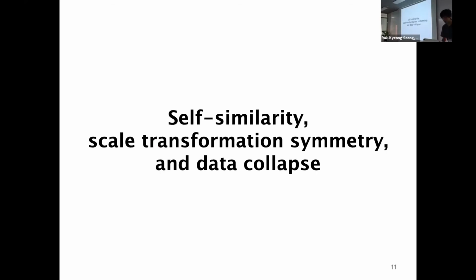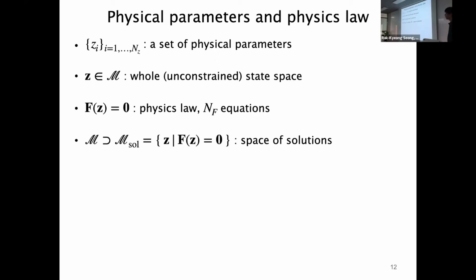So let us continue. We'll consider a certain physical system, and let's say that Z_i are the set of physical parameters to characterize the system. So the physical system is going to be specified by a choice of the set of Z, and it takes the value in a certain state space, but among the points in the state space, not every point can be realized under the physical conditions.